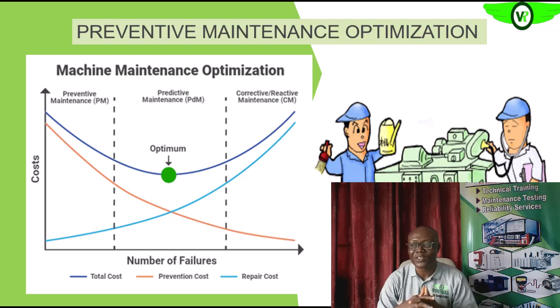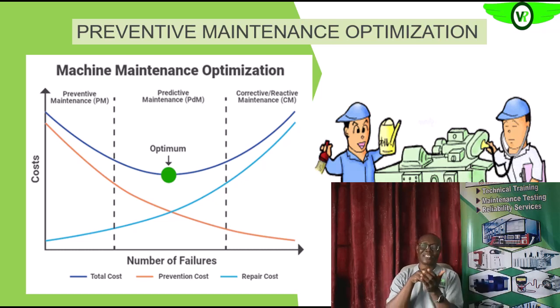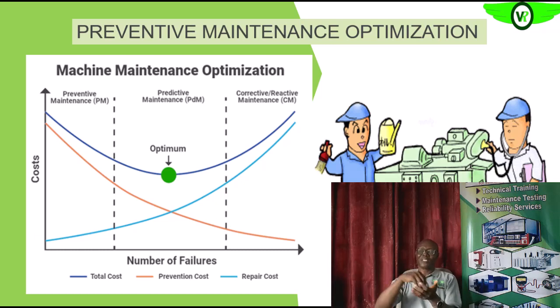When we say preventive maintenance optimization, what we mean is that we are looking at the lowest possible cost of maintenance to ensure the reliability of our system and thus improved production process. Are we getting it?